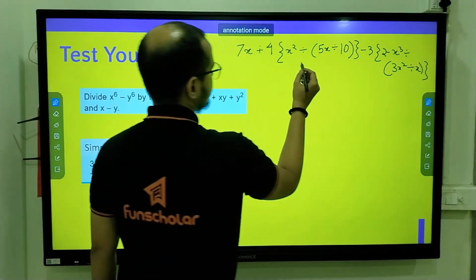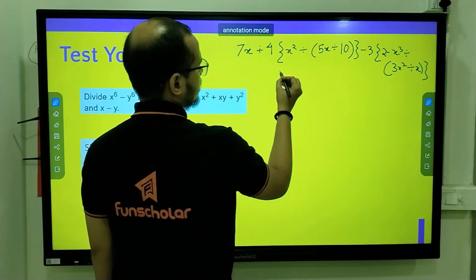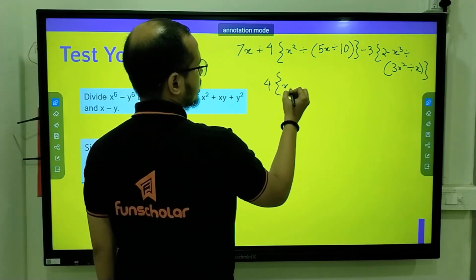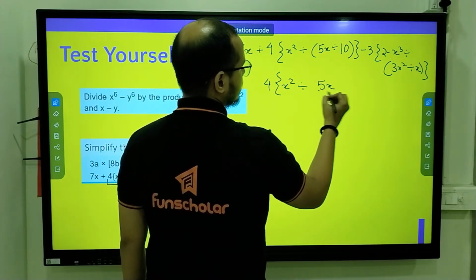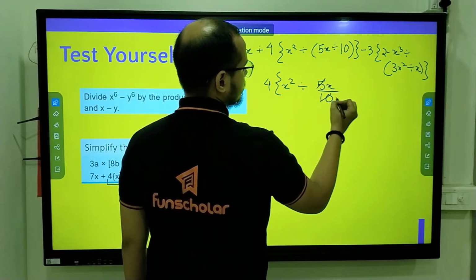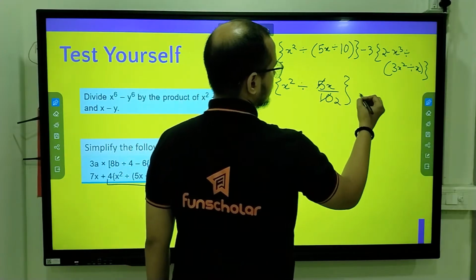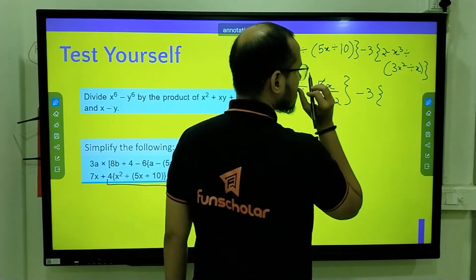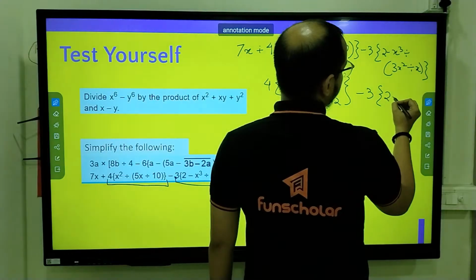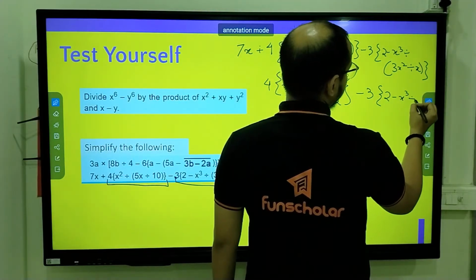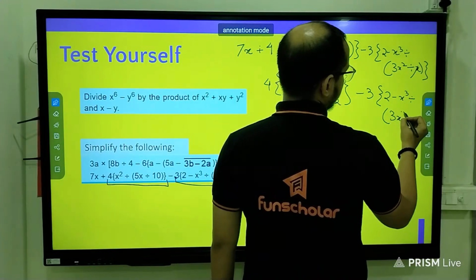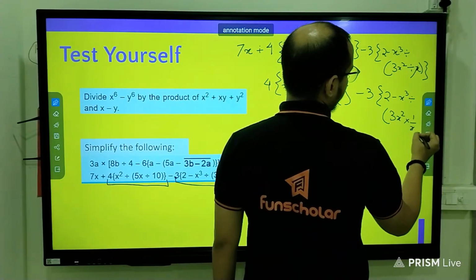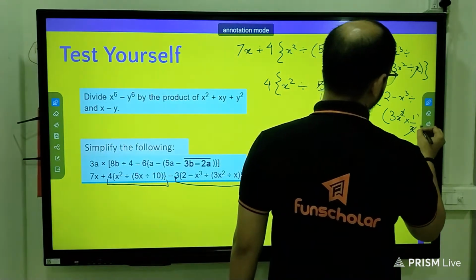Okay. So this particular portion we can write 4x square divided by 5x by 10. This will be 2x. Minus 3 into 2 minus x cube divided by this, so 3x square into 1 by x, so it will be remaining 3x.